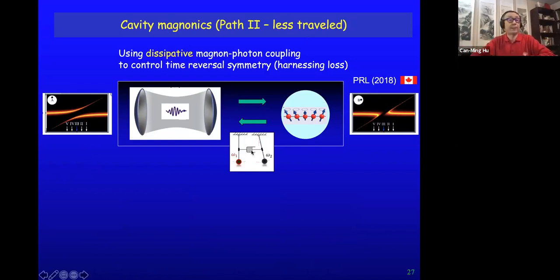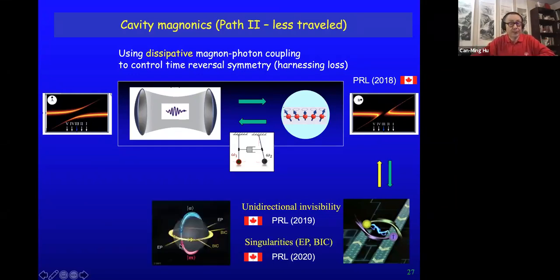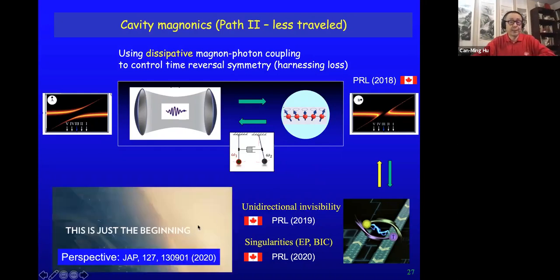That is as if you have a dashpot connecting two oscillators. And that will give you level attraction behavior that will allow you to introduce non-reciprocal behavior in this device. And that also allows you to create singularities in this coupled system. And this path is still very new.